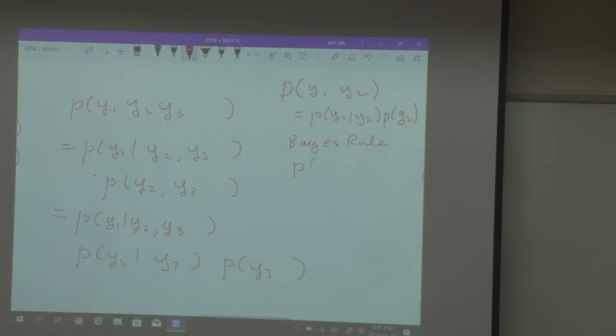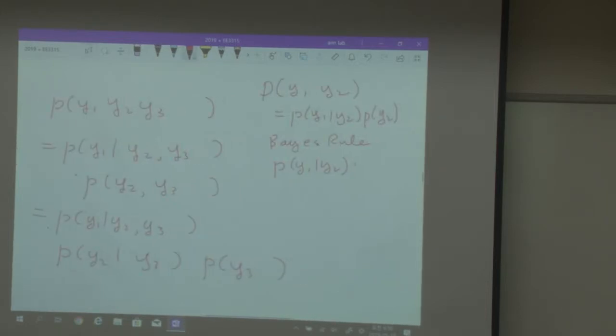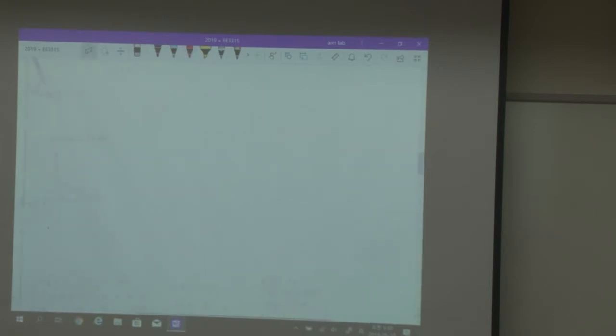Using just y1 given y2 is what? Probability of y1, y2.